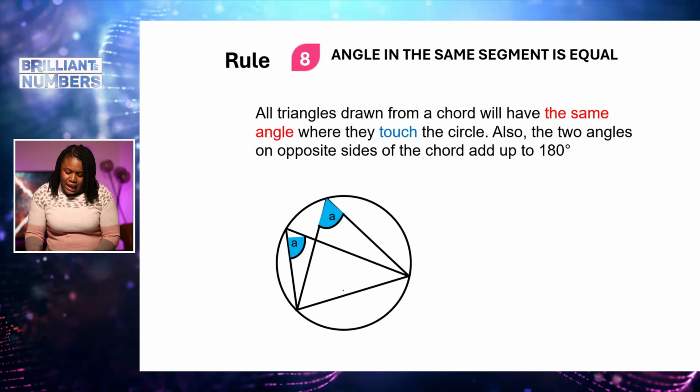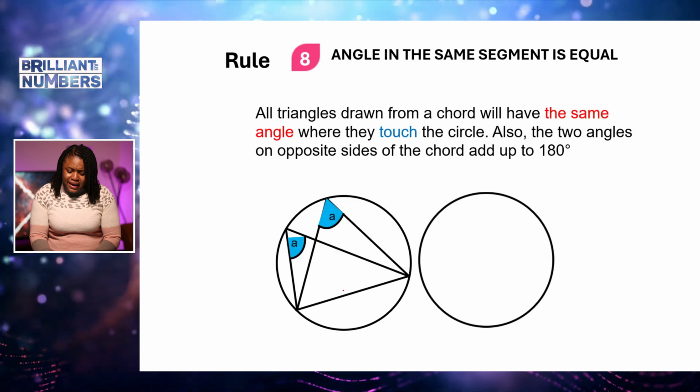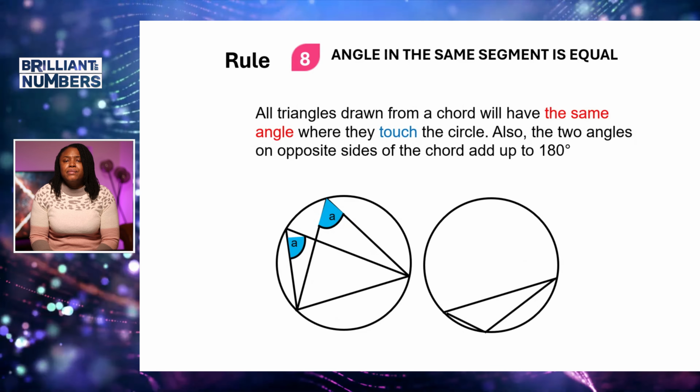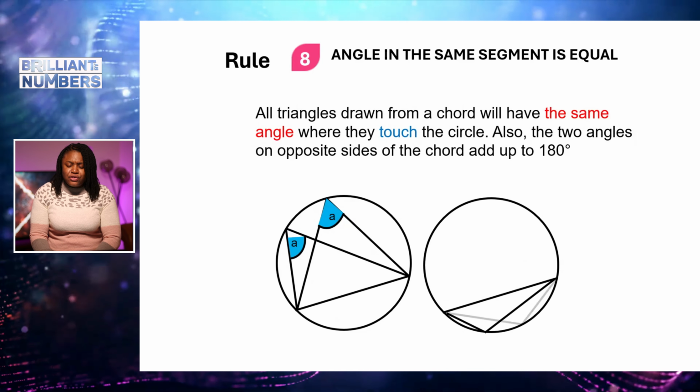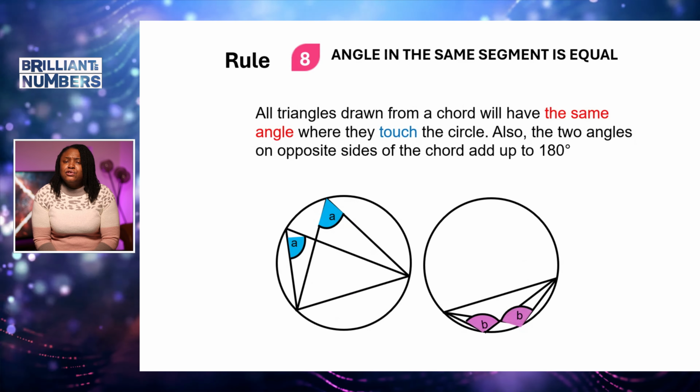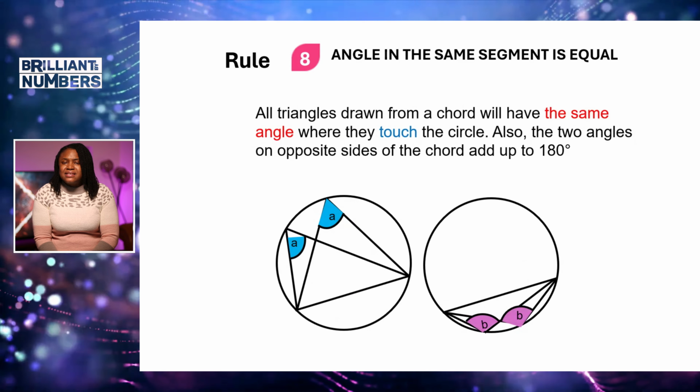And I could make another diagram here just to show different orientation. So I've got a triangle there from that chord and I make another triangle from the same chord. It means then that those 2 angles will also be the same.